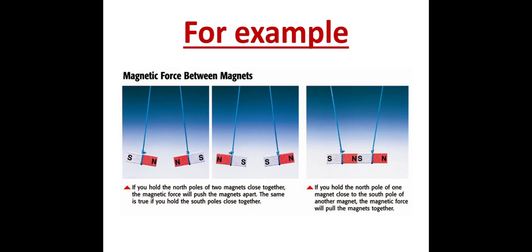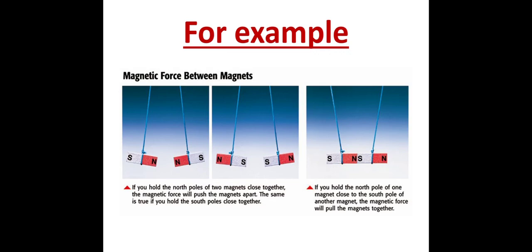In this picture, in the first two pictures, if I hold the north poles of two magnets, or the south poles of two magnets, as like poles, we can find that the magnetic force will push the magnets apart, or repel. In the third picture, when I hold the north pole of one magnet close to the south pole of another magnet, that is opposite poles, the magnetic force will attract or pull the magnets together.